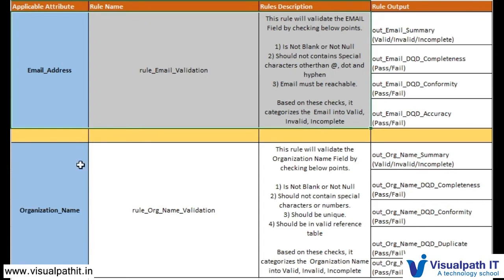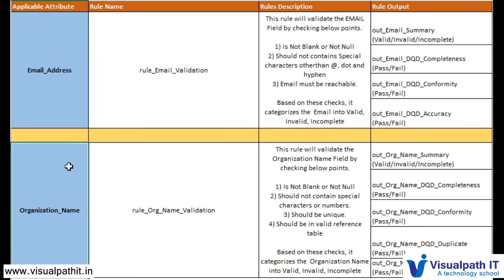Taking another example, a regular thing, organization name, which is our customer name. When we get the organization name field from input, we should be in a position to go with the description of all the things we need to perform as part of validation of our organization name.